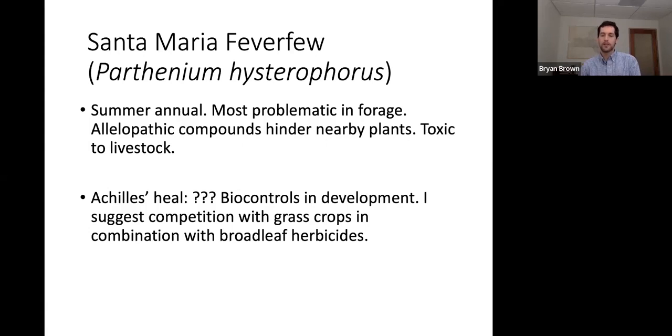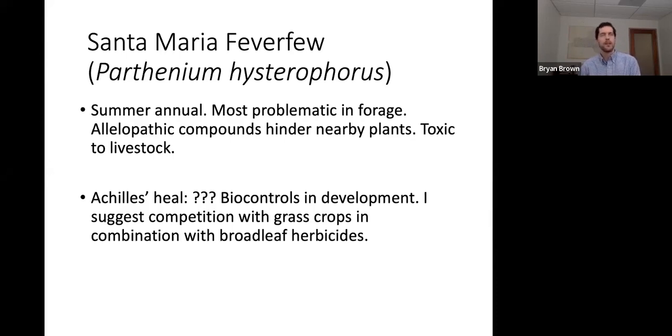There are some biocontrols in development because it is a landscape weed as well. It's taking over some rangeland in South Africa and Australia. So they're working on different biocontrols to release insects or plant pathogens to try to regain control on a larger scale.